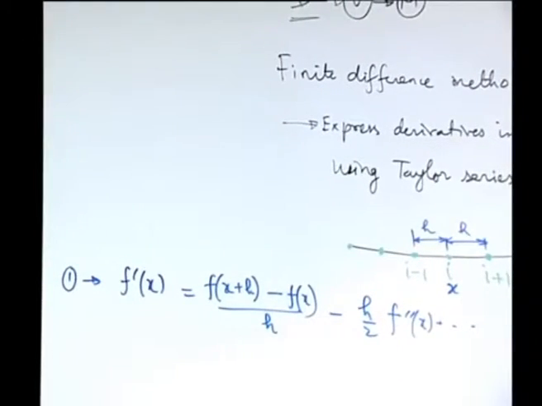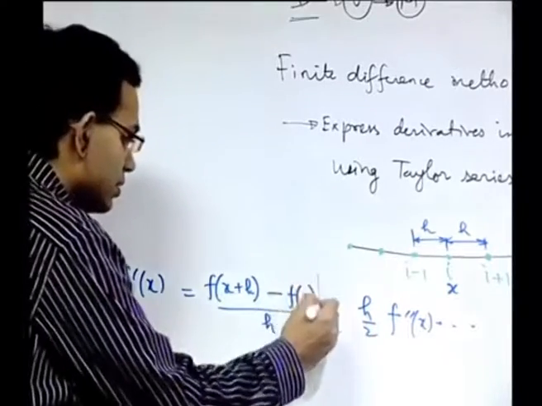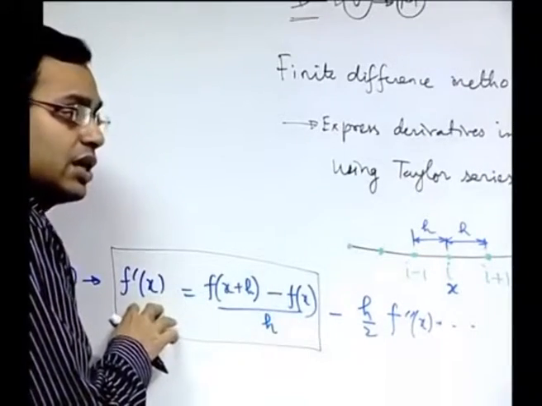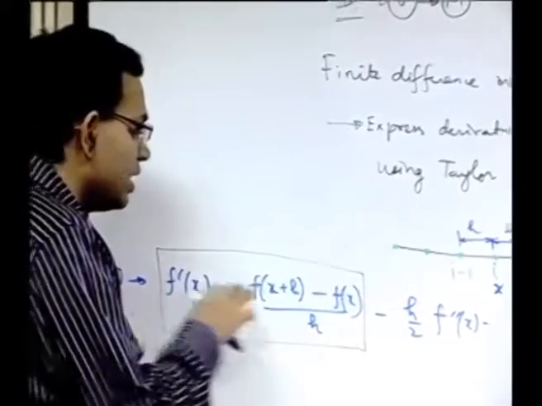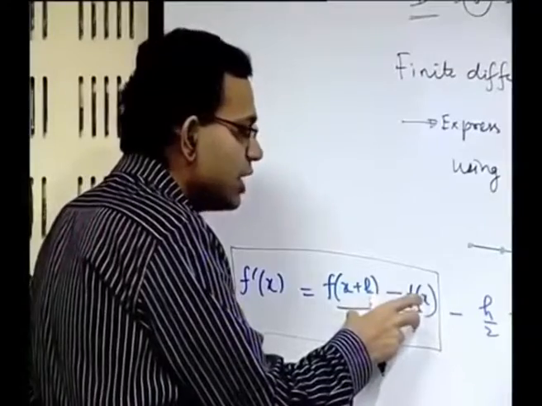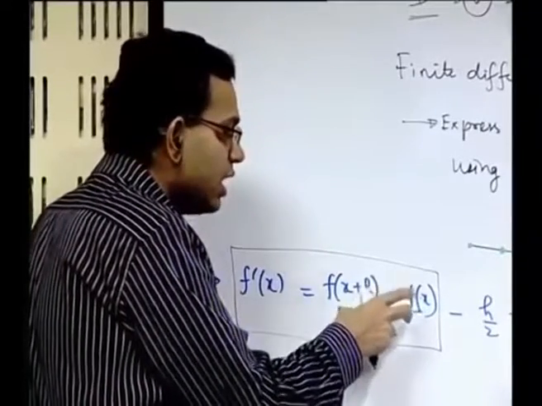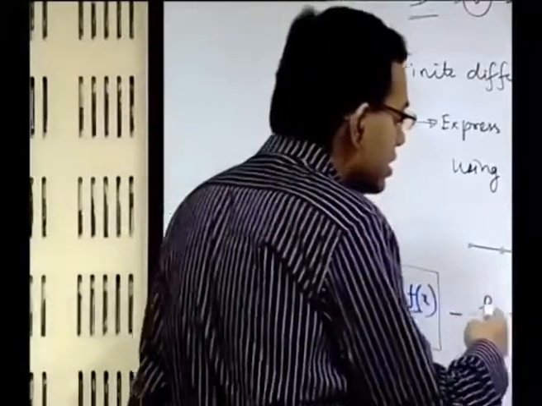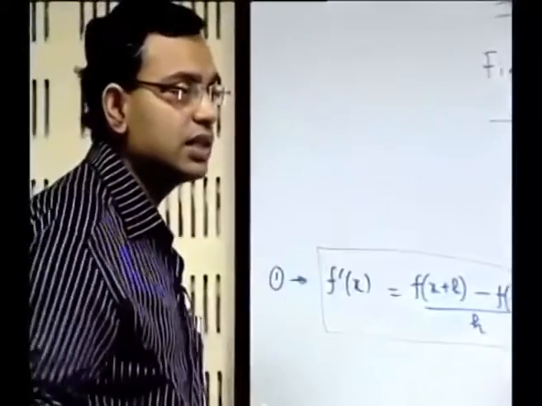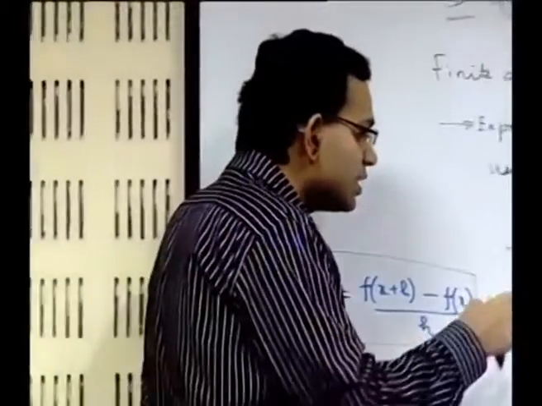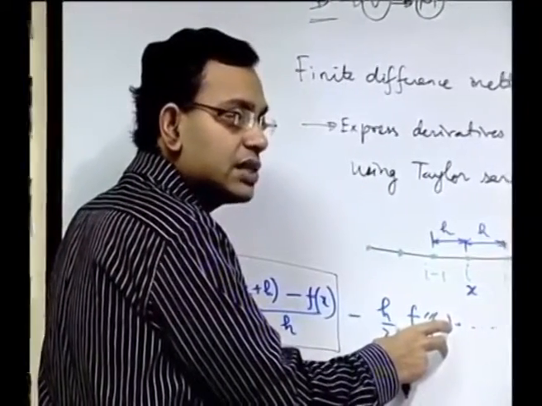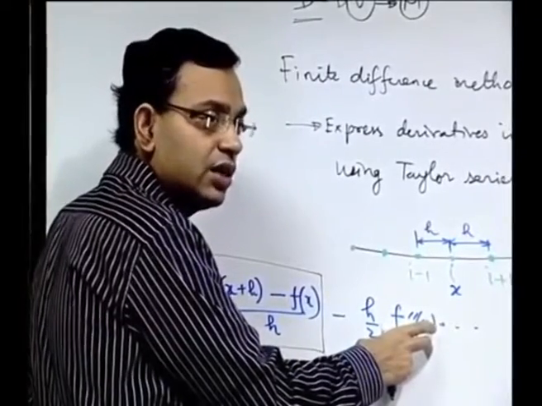So if you truncate the Taylor series up to this and try to use this as a formula, you can see that you are replacing the continuous derivative by a discrete difference quantity, and since it is not exactly the same, it is inaccurate, and the inaccuracy is attributed to several things. Later on we will study what the sources of errors in these discretization methods are, but at least we can intuitively guess one particular type of error, that is we have truncated the Taylor series up to a finite number of terms, and that is one of the sources of the error.